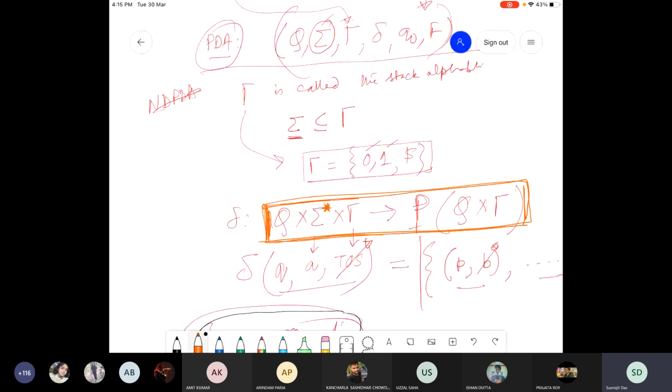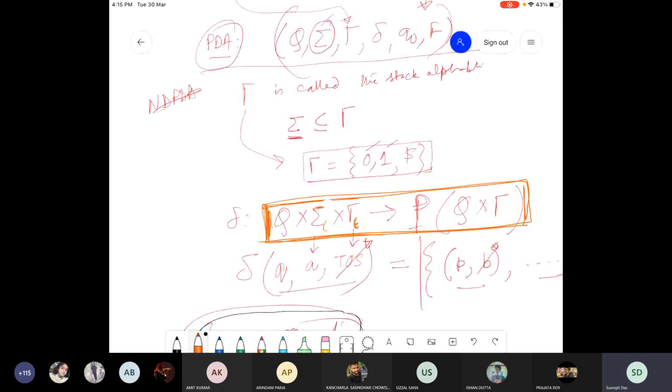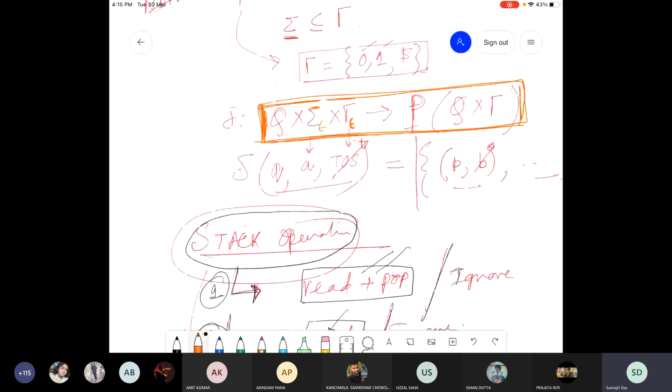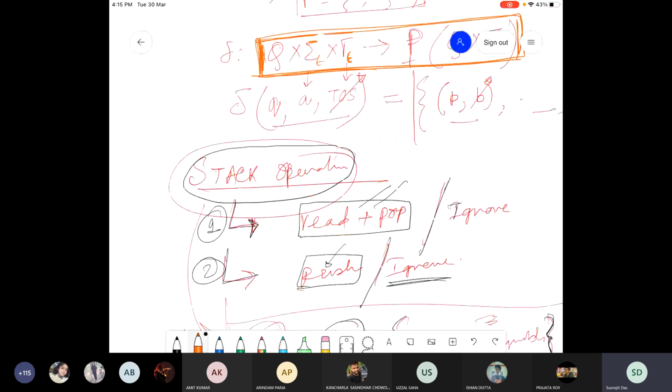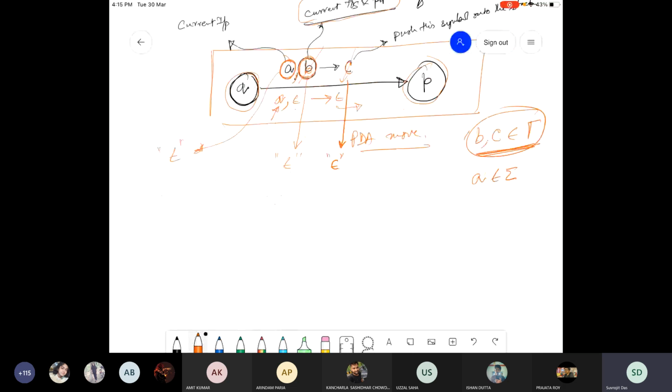You can write tau epsilon because tau star doesn't have a proper interpretation. Let us not write sigma star. Let us write sigma epsilon. So that gives you a more robust definition of the PDA if I want to include epsilon in my consideration.